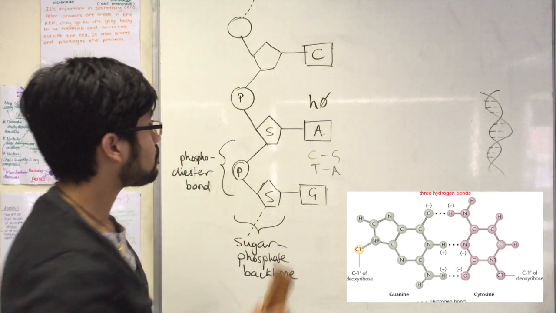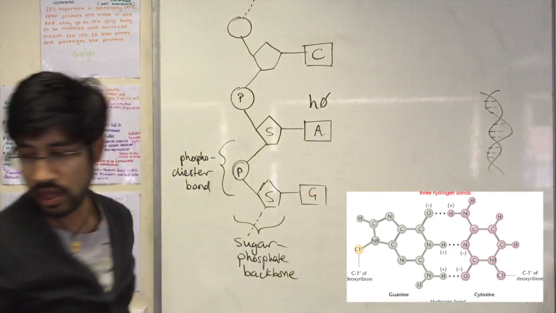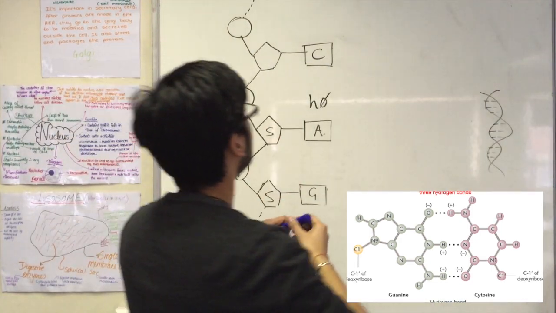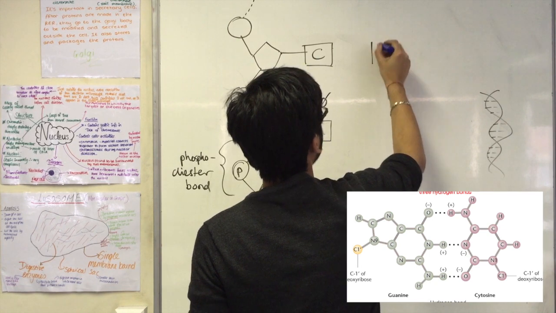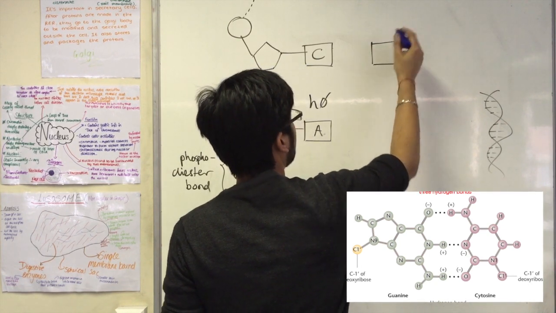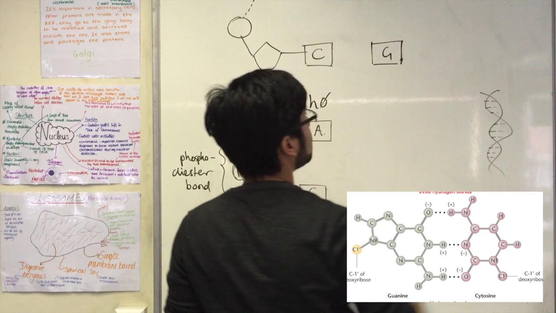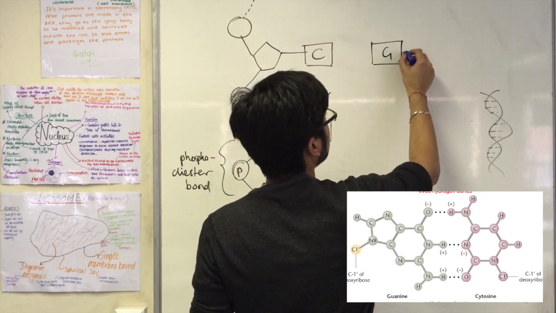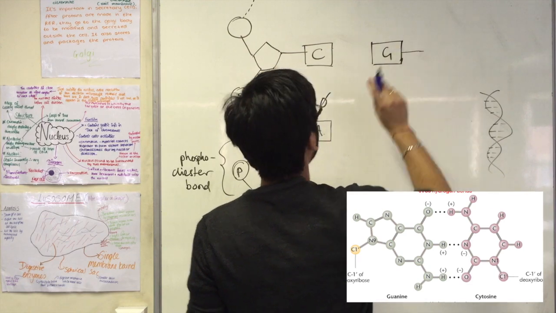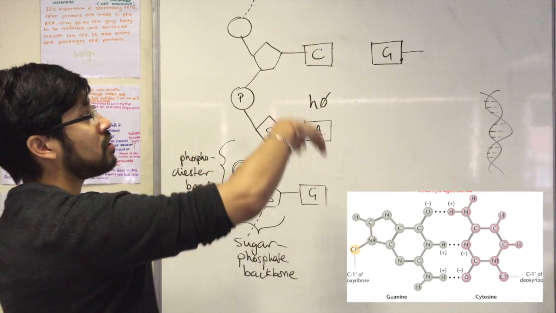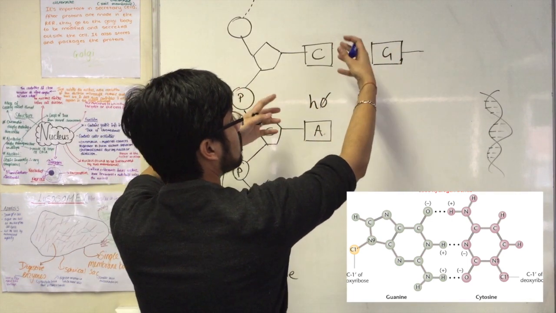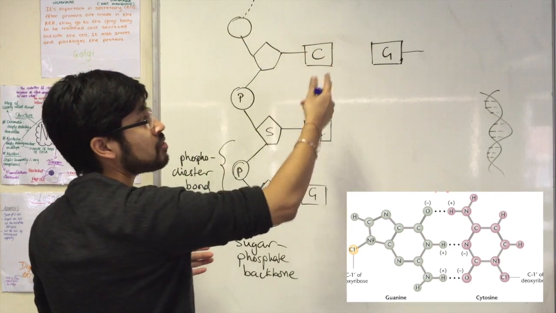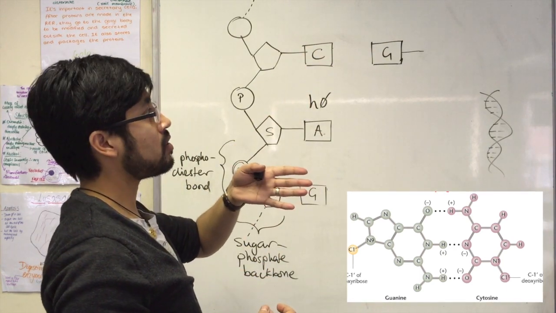Okay, so if I had a G base, so if I had a nucleotide with a guanine nitrogenous base attached to it, then it might float around for a little while, but eventually it would come in the area of cytosine and align with it. It would pair up. The hydrogen bonds between the two would lock that guanine nucleotide in place.